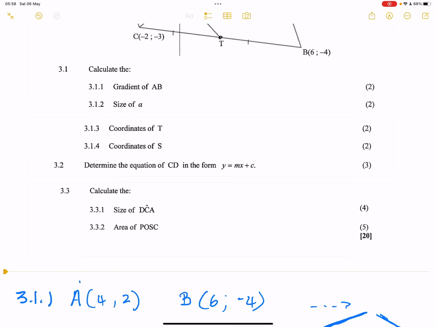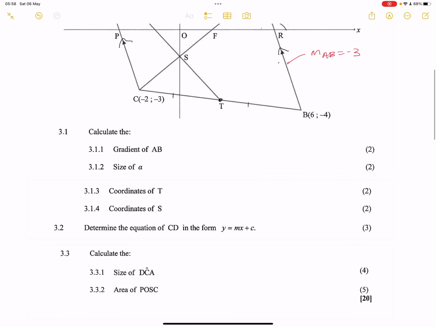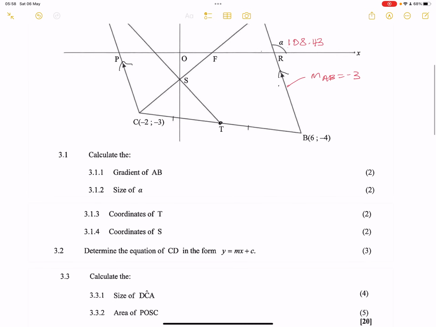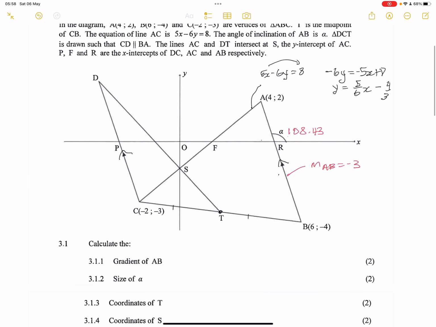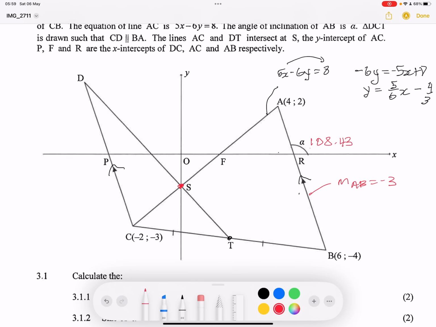These are quite straightforward. I'm sure all of you know how to obtain that. Now we want the coordinates of S. S is the y-intercept of that line, which is AC. Remember, we've already found the equation of that line: 5 over 6x minus 4 over 3.